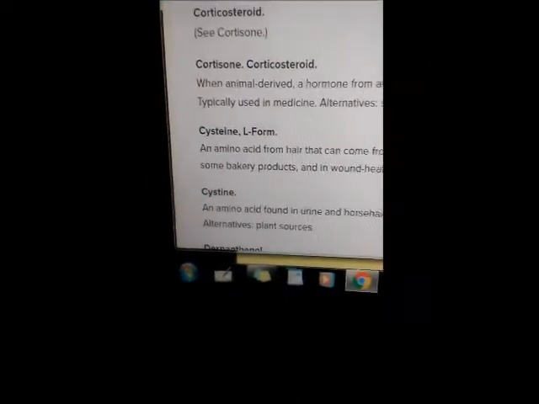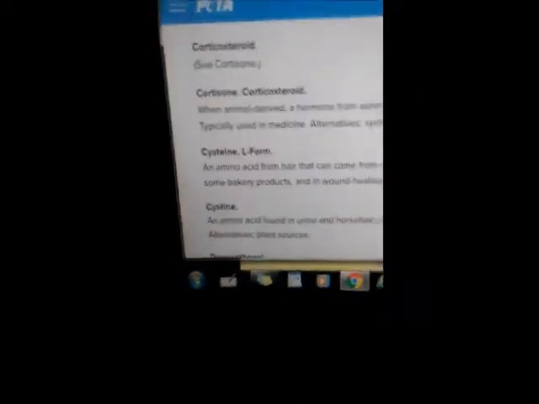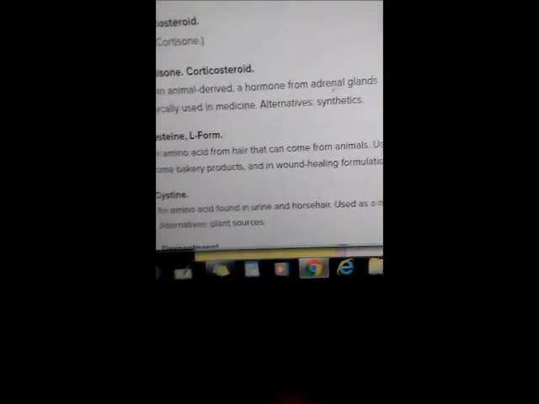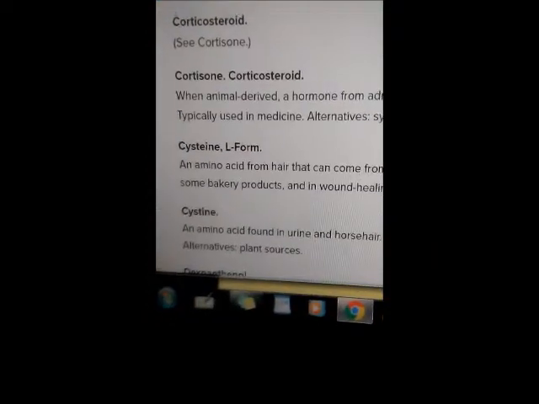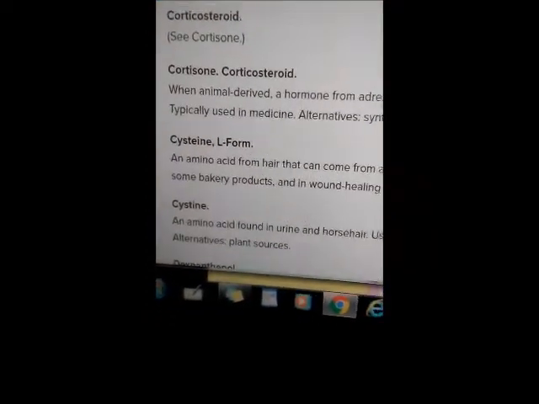Alternatives: plant sources. Then you got cystine, an amino acid found in urine and horse hair, used as a nutritional supplement and in emollients. Alternatives: plant sources. See how we keep going back to plant sources?